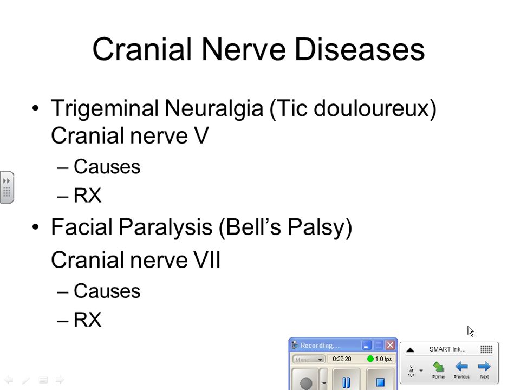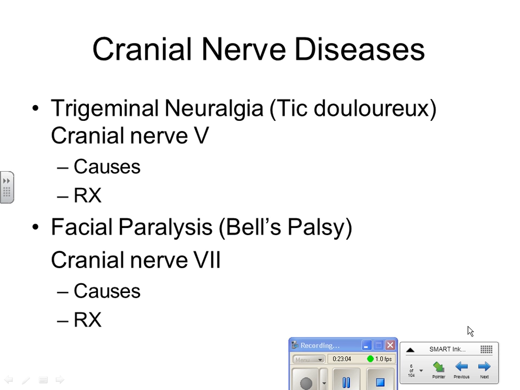So patients, for medications to treat this, will be given things like Tegretol, Neurontin, things that will reduce the nerve irritation. Antispasmodics like baclofen, which you'll see being used on patients with MS, that we'll talk about in a little bit. Or they may have to have an injection of phenol into that irritated nerve, or surgical decompression of the nerve.